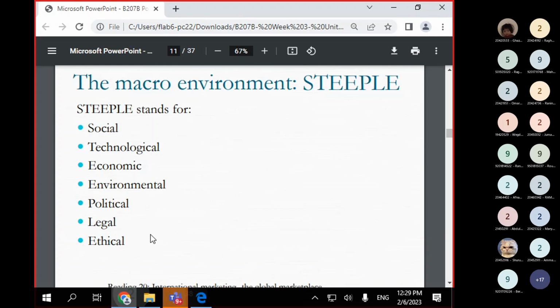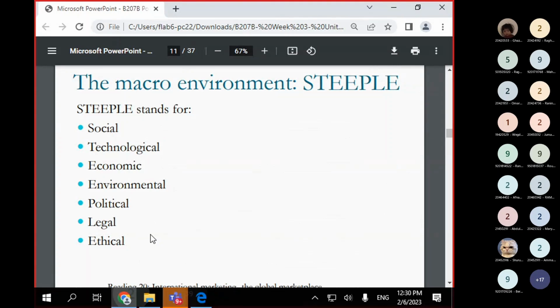Now, you have a business, okay, and then you have a small domestic market, and you think you want to expand your business into, let's say, the United Arab Emirates, okay, to Dubai.